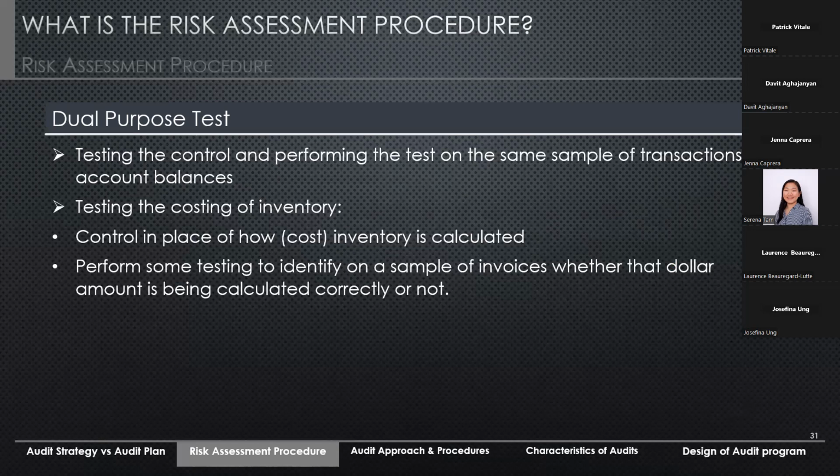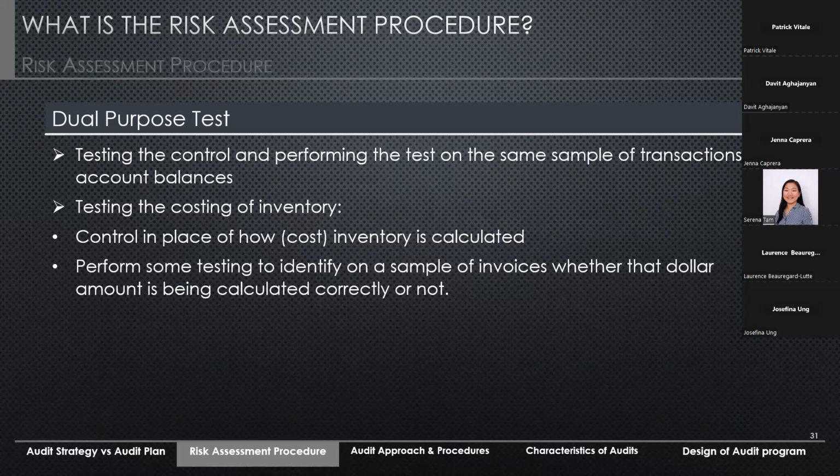So when we're doing combined, it's really the overall picture. So you have test of controls, then substantive, dual purpose test. Yes, you're doing control and substantive, but it's more on a specific account at the assertion level. So let's say that we're testing the costing of inventory.